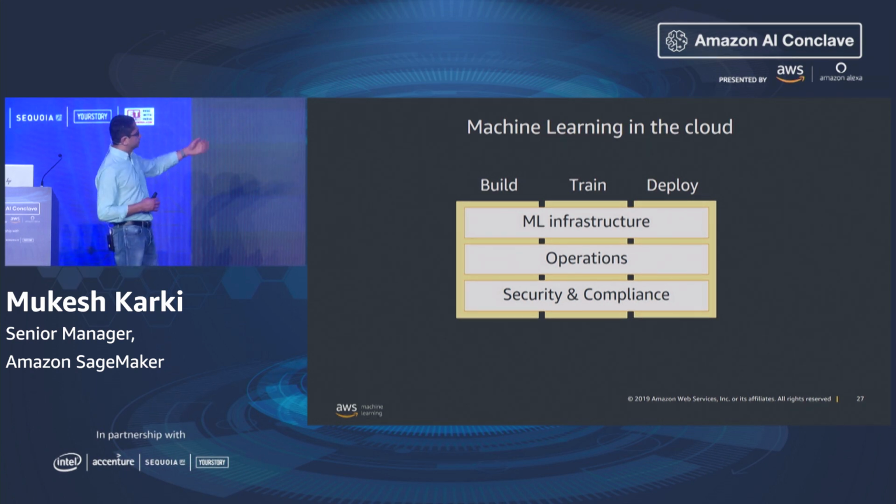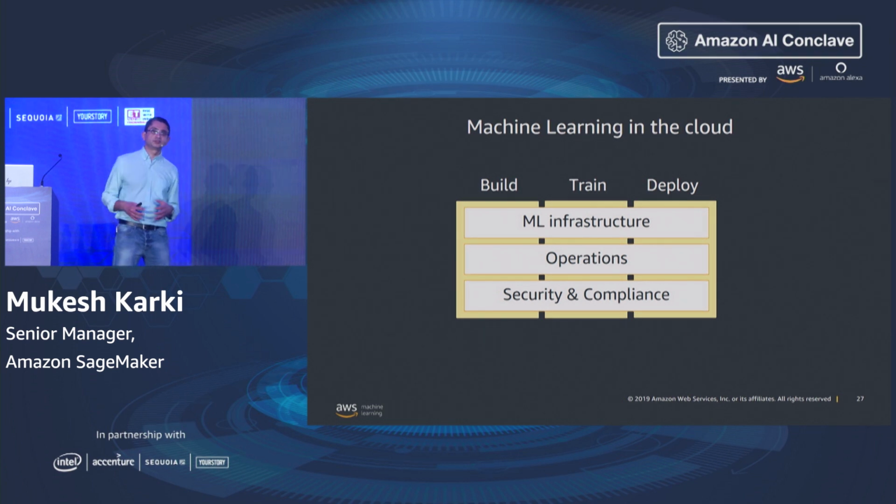If you have to manage your own infrastructure using EC2, not only are you paying for your resources, you also have to worry about whether those resources are always utilized or not. Otherwise, you're wasting money.